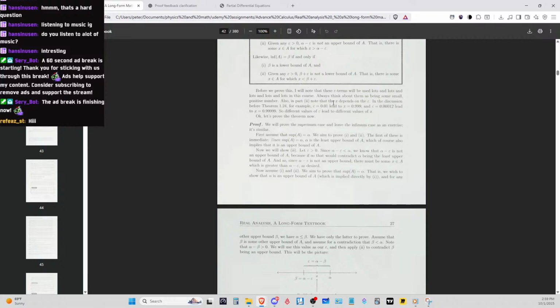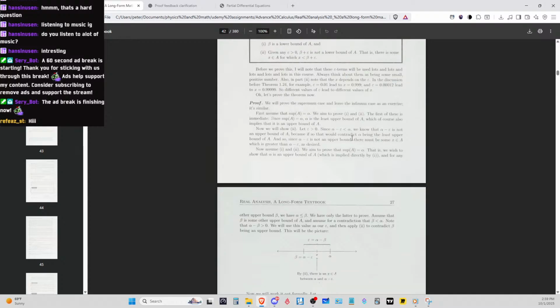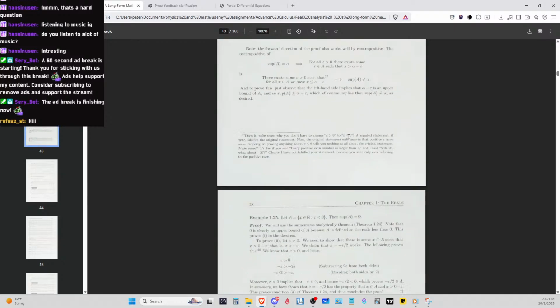I will note that the epsilon terms will be used a lot. Always think about them as being some small positive number. Also, in part, because I need to find the relationship between delta and epsilon.